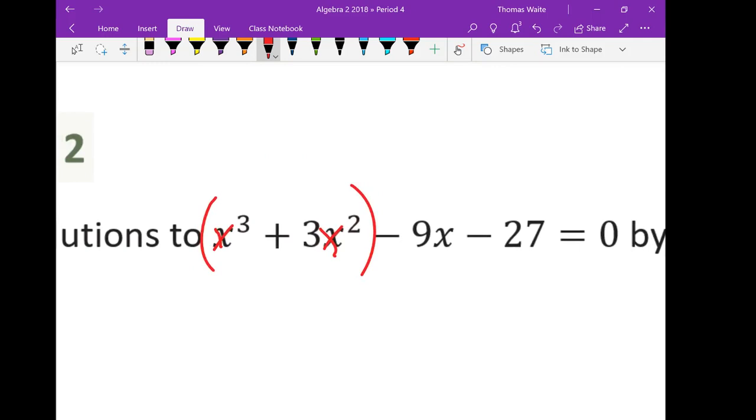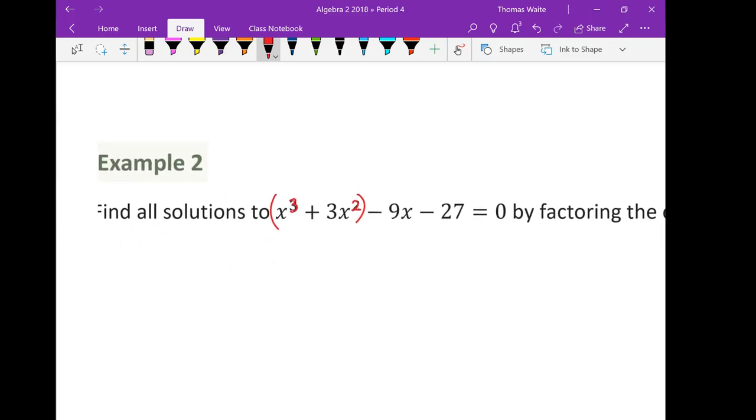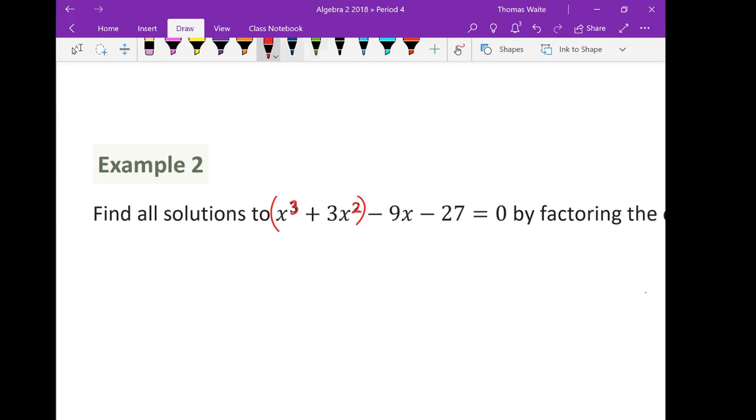The first term has 3 x's being multiplied together, and the second term has 2 x's being multiplied together. So I'm going to start rewriting our problem down here: x cubed plus 3x squared. I'm writing them as a group, putting parentheses on them so I know that I'm talking about a group.